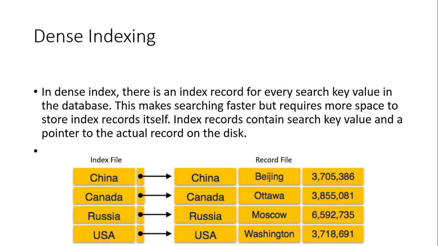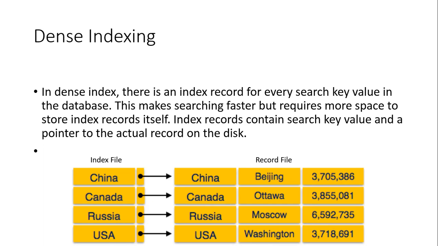Okay, so in dense indexing, there will be an entry corresponding to every record of a database in an index file. As you can see here, we have an index file and the record file.